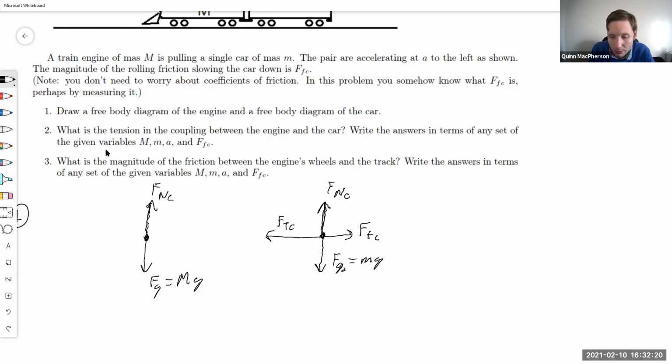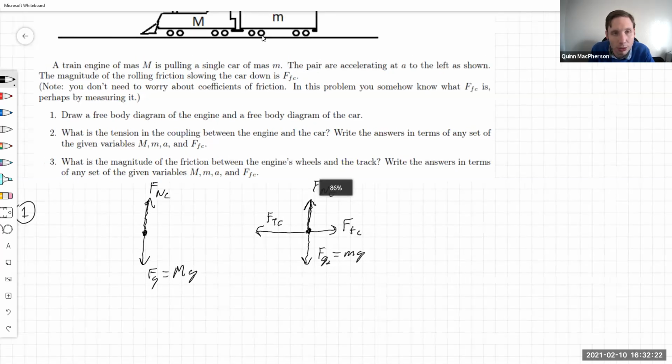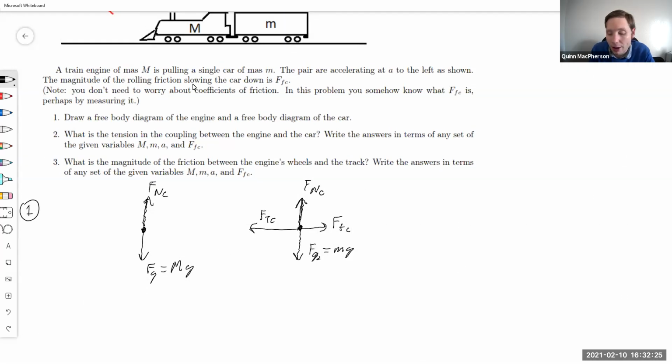The coupling between the two, the engine and the car, is going to pull the car forward. If the coupling pulls the car forward, then there's an equal and opposite force, force tension engine, that is equal and opposite and pulls the car backward.